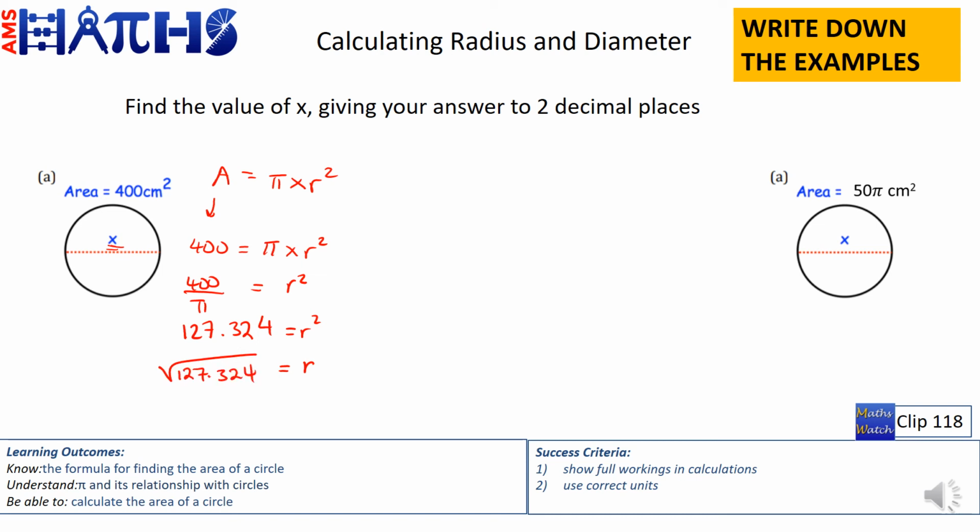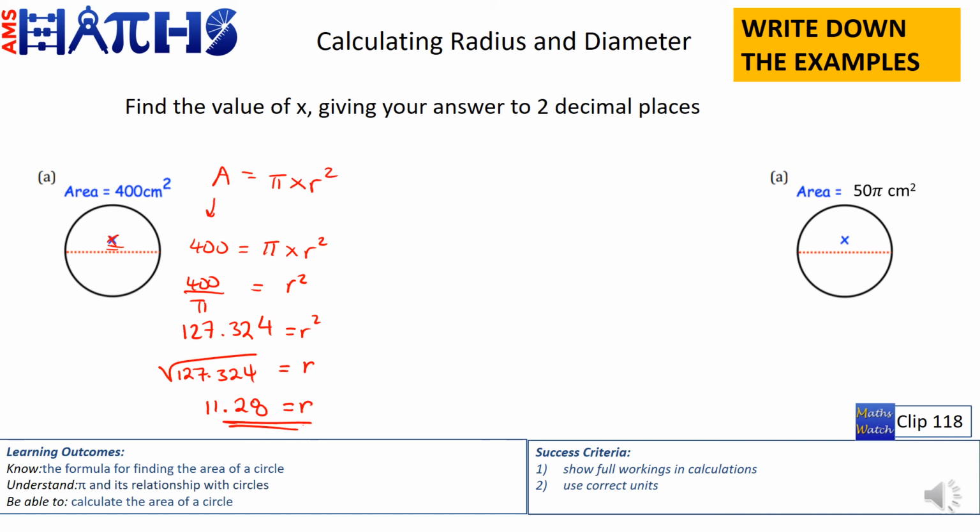So the square root of 127.324, let's do that. And I get 11.28 to 2dp. That's our radius, but we're not quite finished because the x that they ask us for is actually the diameter. So what we'll have to do then is multiply this by 2, because 2 radii will give you the length of your diameter.